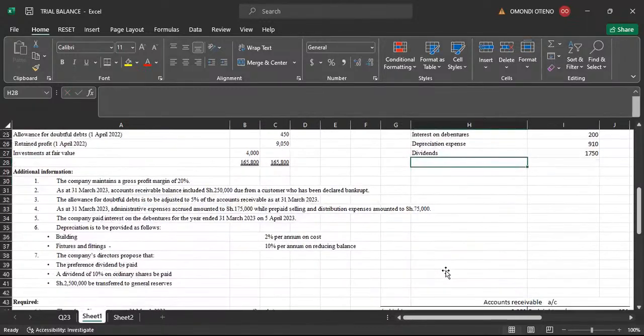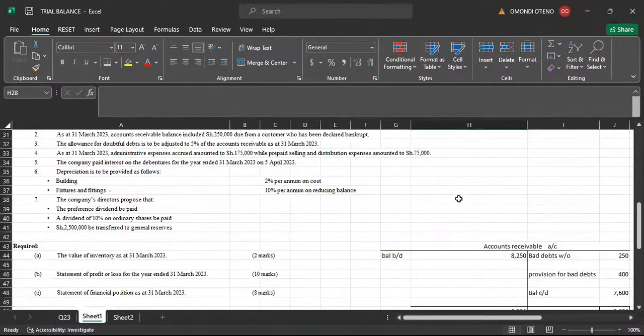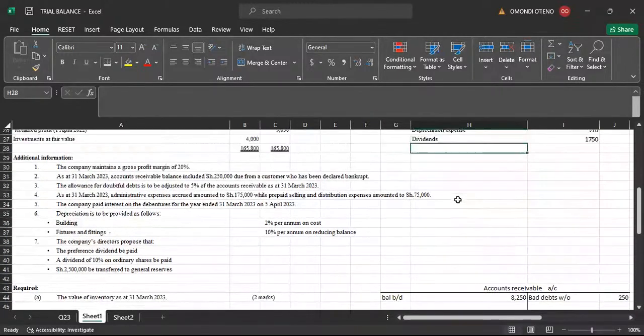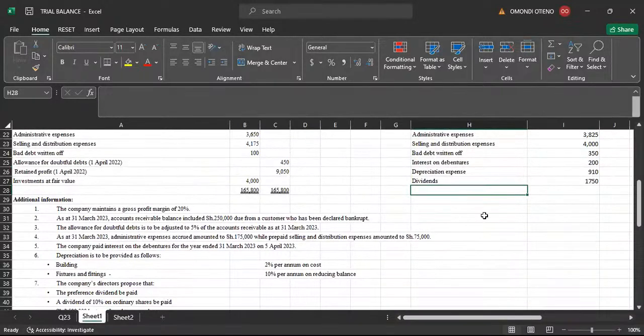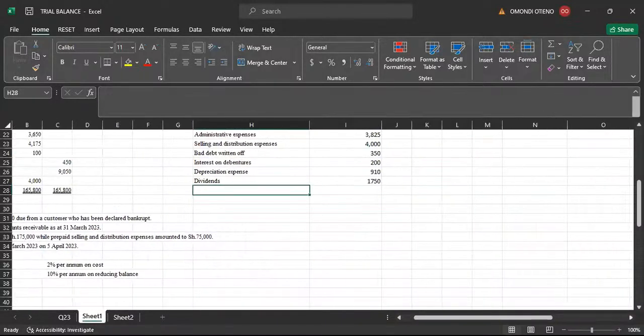After the dividends, what are we having again here? This one here to be transferred to general reserves. So this one here will basically reduce what we have down there. Then there's nothing that is remaining there. So we can now have all these expenses adjusted.